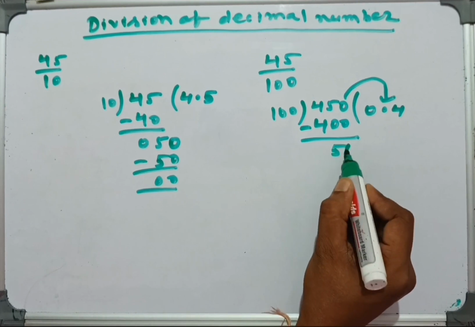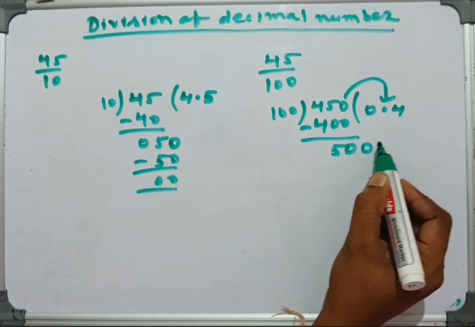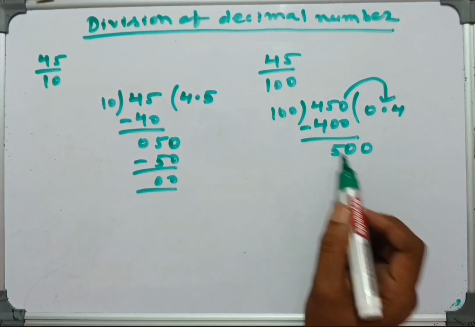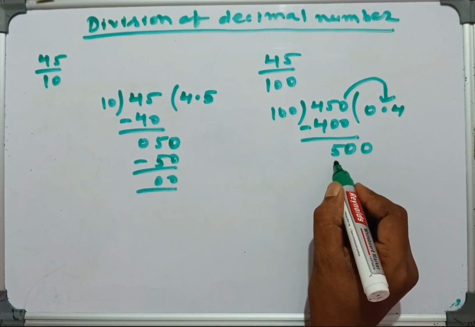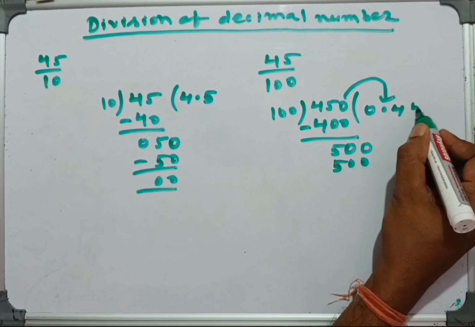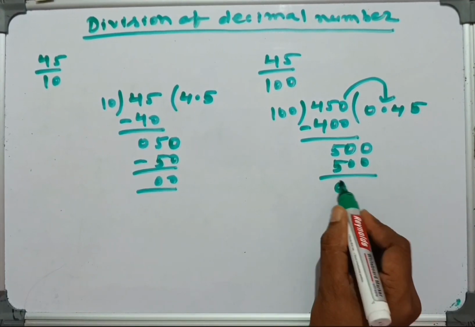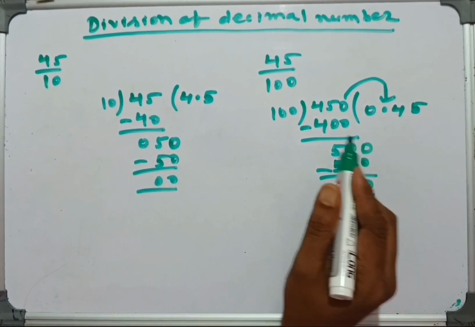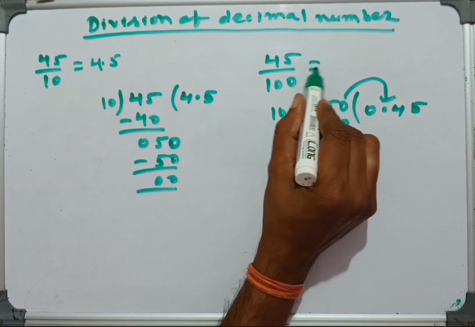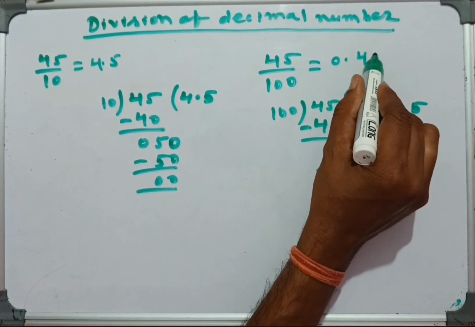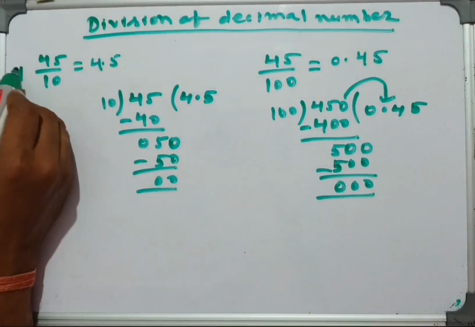Then it is 50. Now put 10 for, then 100 times 5 is 500. So this one is a 45. Now we subtract this one. So this one is 4.5. This one is equal to 0.45. This one is the first question.